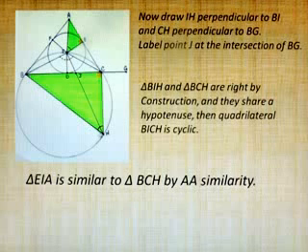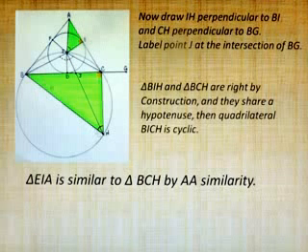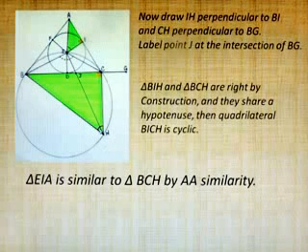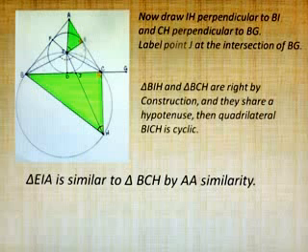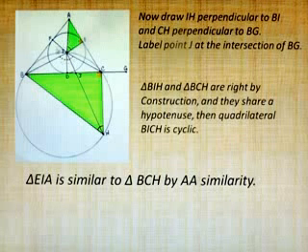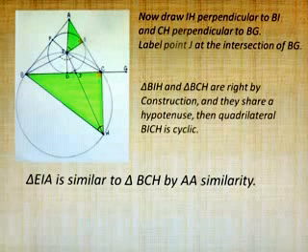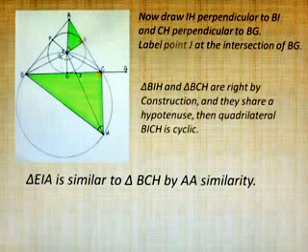Now right here, because this is a cyclic quadrilateral, that allows us to prove that angle BHC is supplementary to BIC. And so we know that together these add up to 180 degrees. Now if we look at our circle I, there's 360 degrees here. Back on our construction where we talked about these two triangles being congruent, these two and these two, we showed that these two angles right in here are congruent.